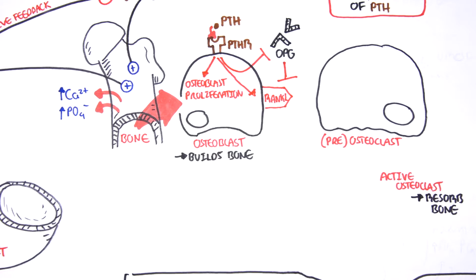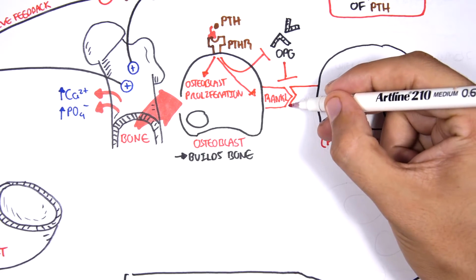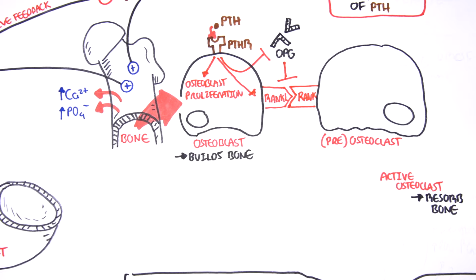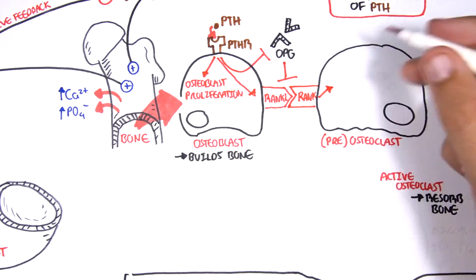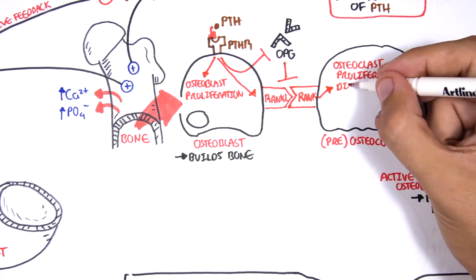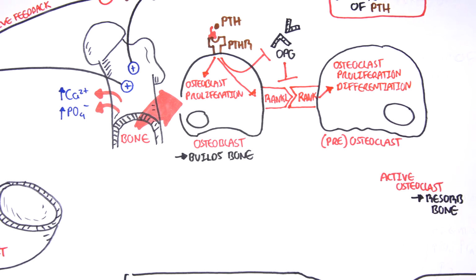Now, the pre-osteoclast expresses a receptor called the RANK receptor. So essentially what happens is the RANK ligand being expressed on the osteoblast will bind onto the RANK on the pre-osteoclast. And when this occurs, and when it's not inhibited by OPG, the RANK ligand-RANK complex will cause the osteoclast to proliferate and differentiate.